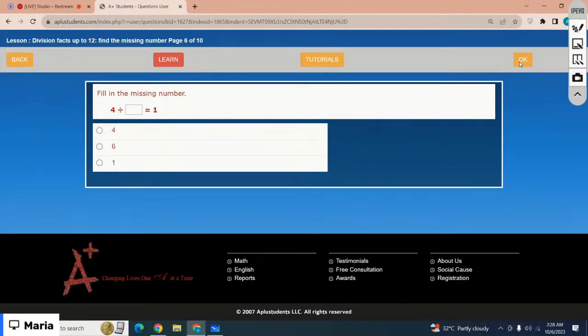The next one is 4 divided by missing number equals 1. Which is the correct option?